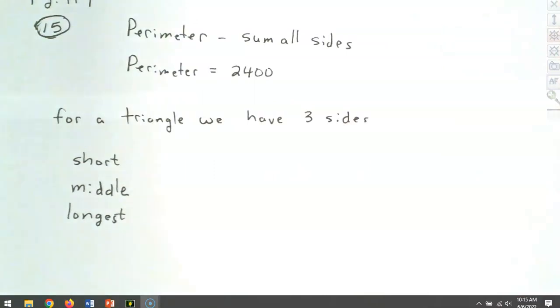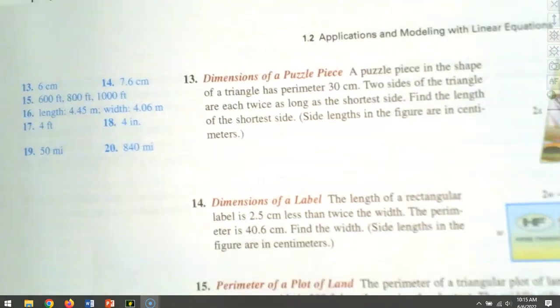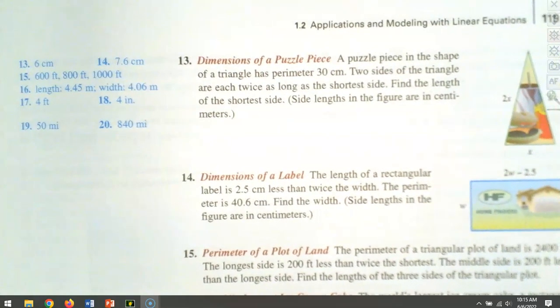Now, I like to write these up in words. So we're going to write them up in words first, then we're going to put our variable in. So let's read this again. We're on the second sentence here.